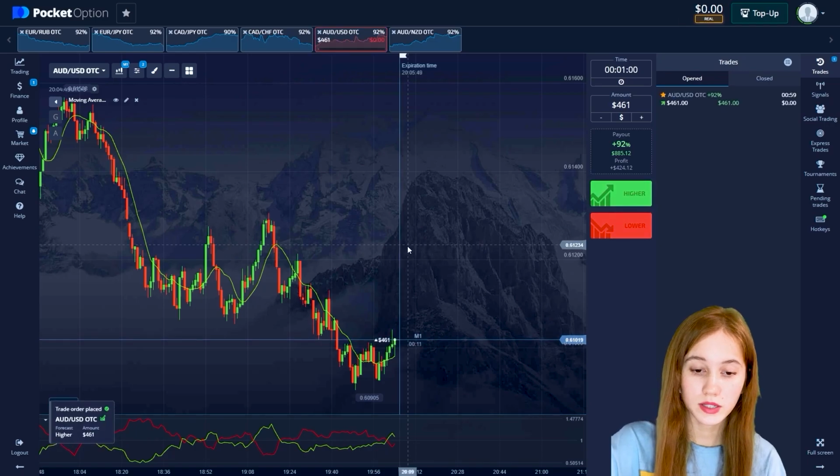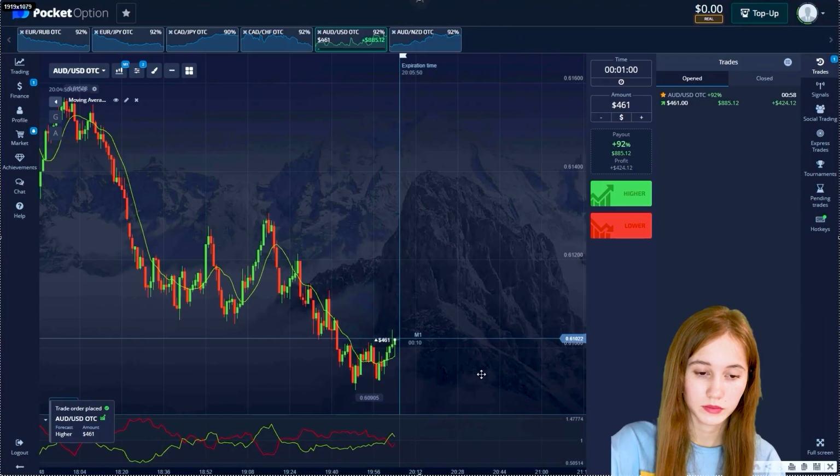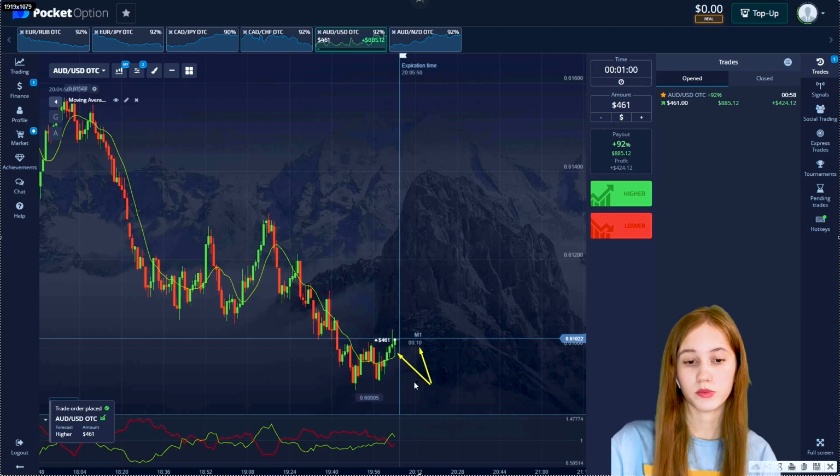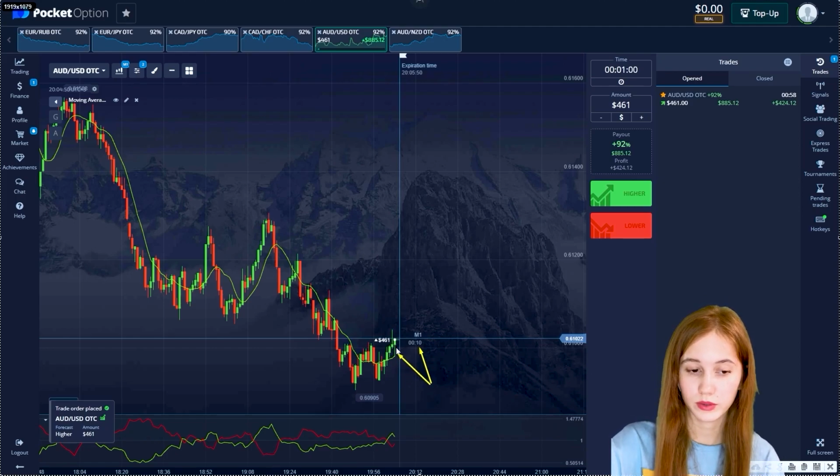Here we are on the next concept. Let's open up. So what we see, we opened for an increase because we have 10 seconds left until the end of this candle. It's more likely that this candle will close with a large shadow below. A large shadow at the bottom indicates a drawdown.